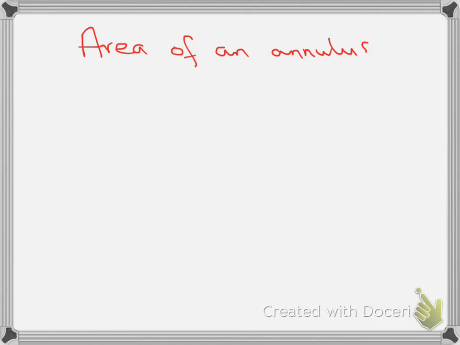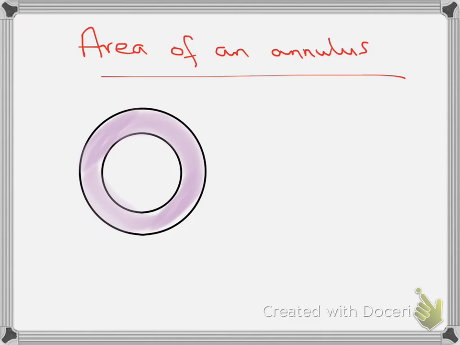But before we finish off, we need to have a look at the area of an annulus. An annulus is a circle within a circle, and you're only trying to find the area of the shaded section. Okay, so that shaded purple area there, that's what you want to find out. So it's basically finding the area of the whole circle, and you'll be given the radius of it.